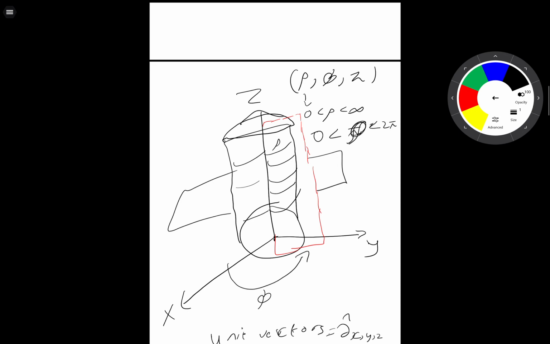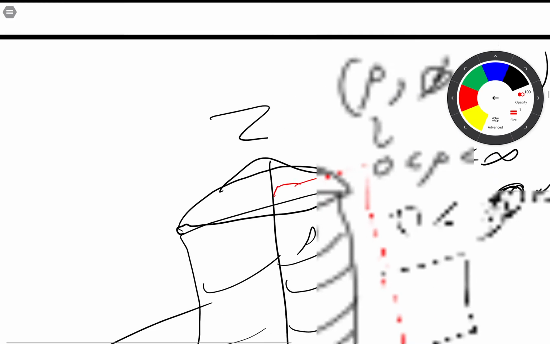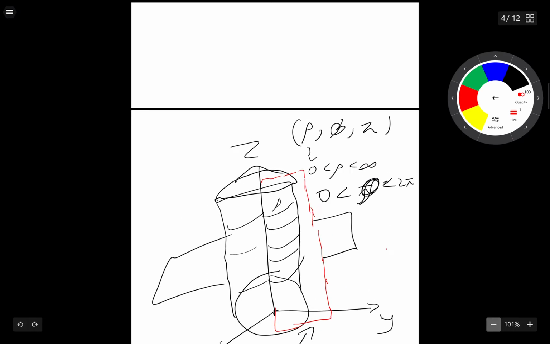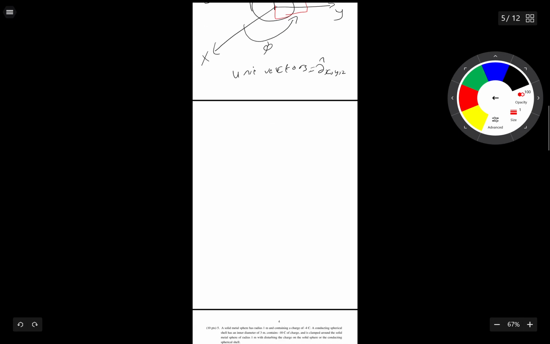Let me show that first in the XYZ Cartesian coordinate system, and I can demonstrate that later.